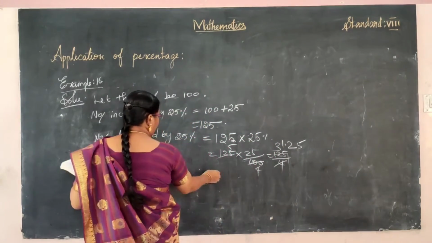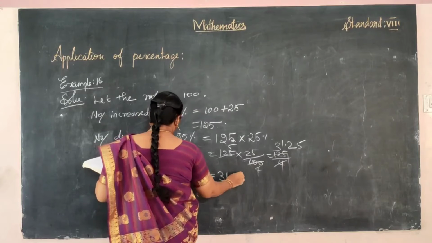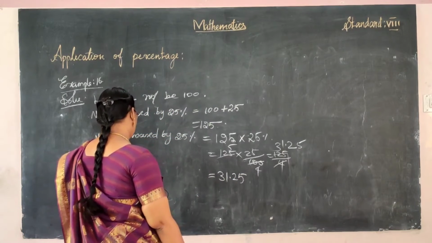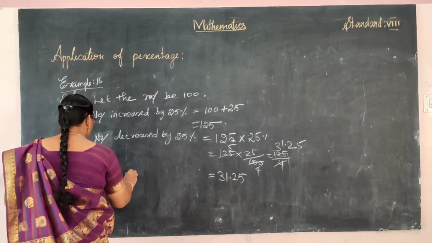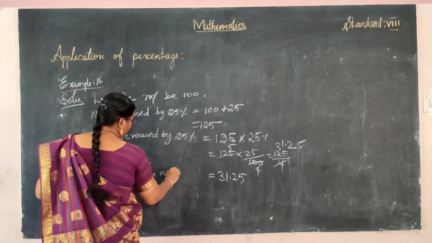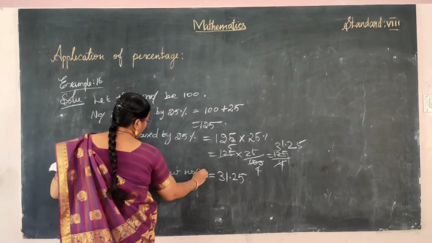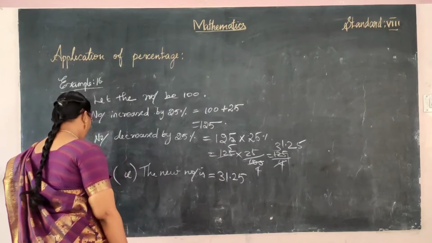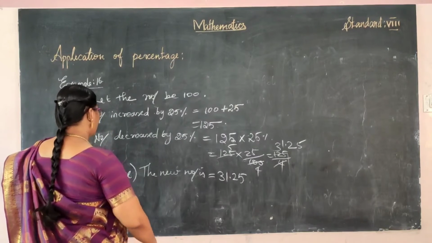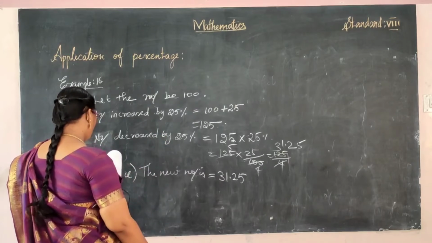So 31.25 is the number decreased by 25%. That is the new number, 31.25.